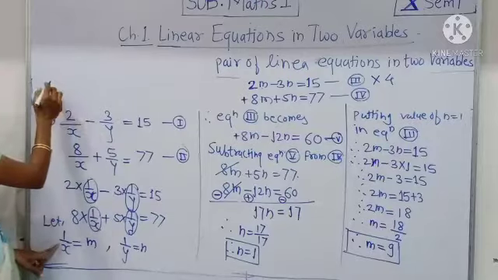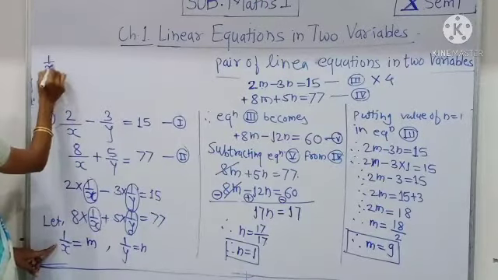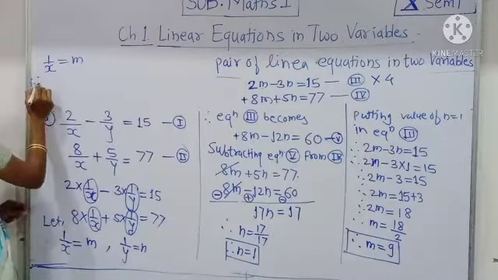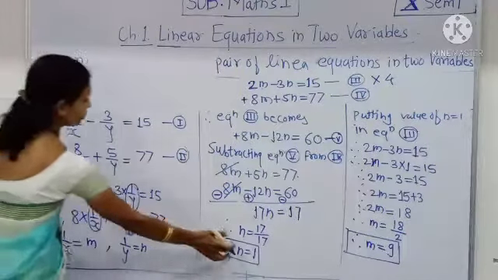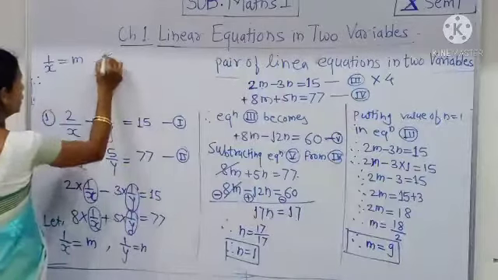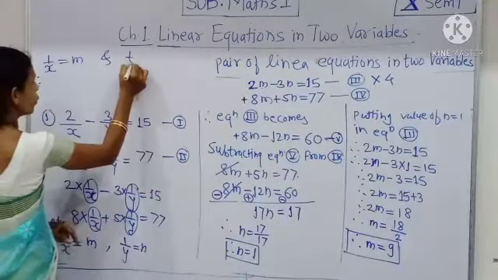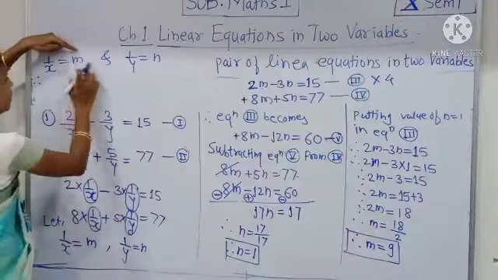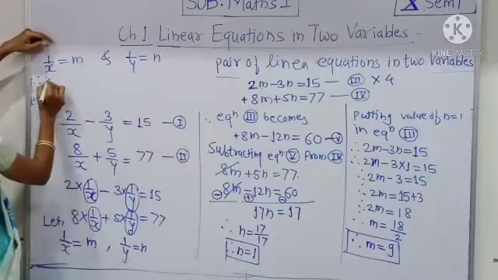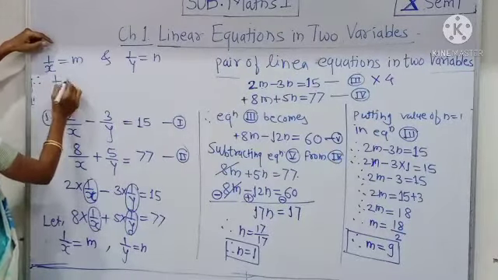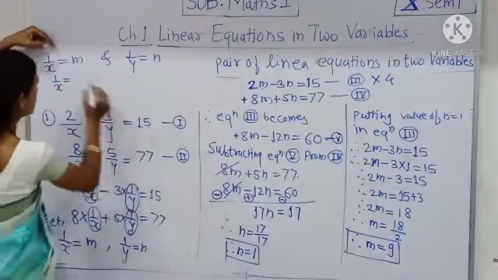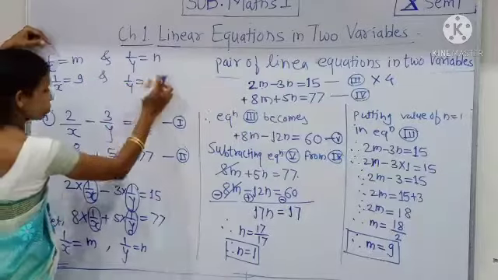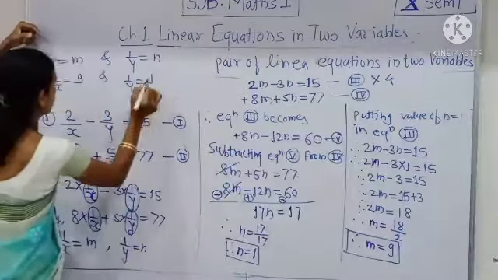But we know that 1 upon x is equal to m, and 1 upon y is equal to n. Putting the values of m and n here, 1 upon x is equal to 9, and 1 upon y is equal to 1.